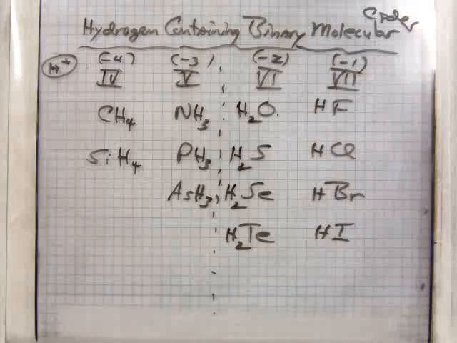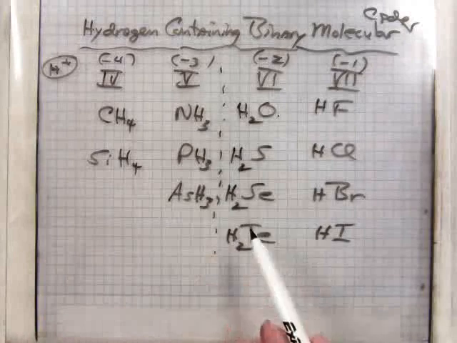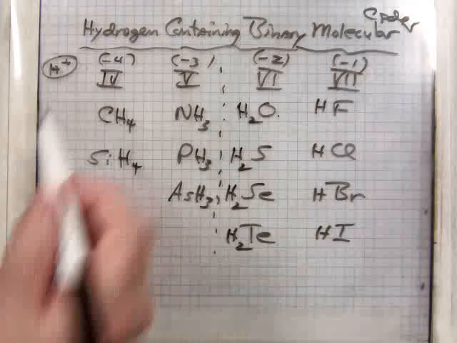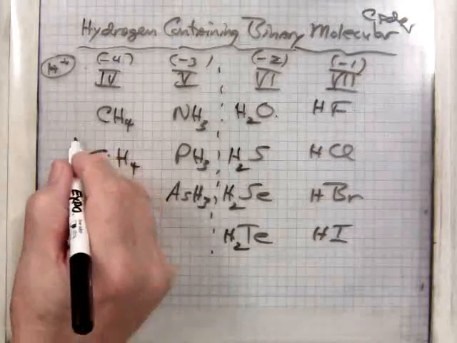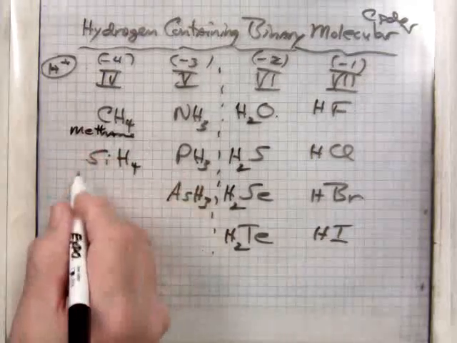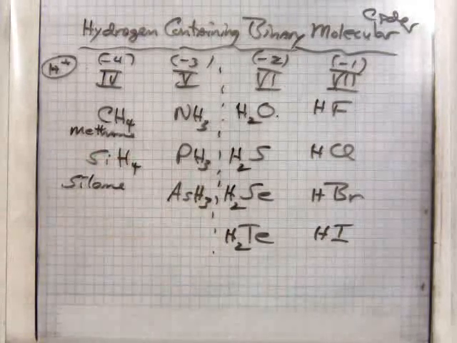Okay, so we have 2 types of nomenclature here, a common name and a systematic name. Common names like CH4 and SiH4, this is methane, and this is silane. So it's just accepted nomenclature in the chemical community.